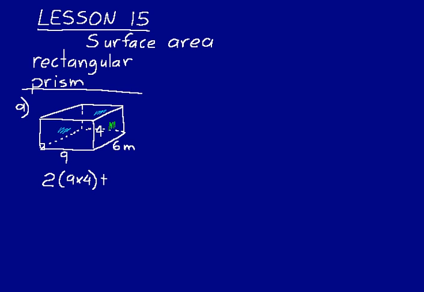Here's the right one. The left one is over here. Those both have an area of 4 times 6. And so we'll say 2, since there's 2 of them, and then times 4 times 6. And then we have our top and bottom faces, and since there's 2 of them, we'll say 2 times 9 times 6.